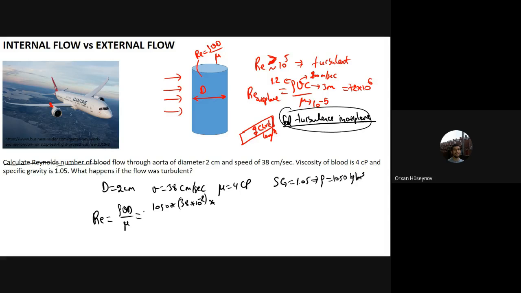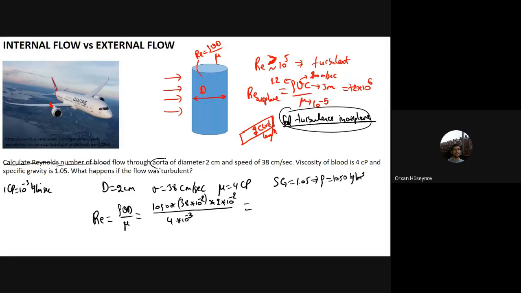Multiplied with the diameter, 2 centimeters, it will be 2 times 10 to the negative 2. And divided by the viscosity of the blood, 4 centipoise. 1 centipoise is 10 to the negative 3 kilograms per meter second, so 4 centipoise will be 4 times 10 to the negative 3. If you have the value, you can tell me the Reynolds number of the blood.